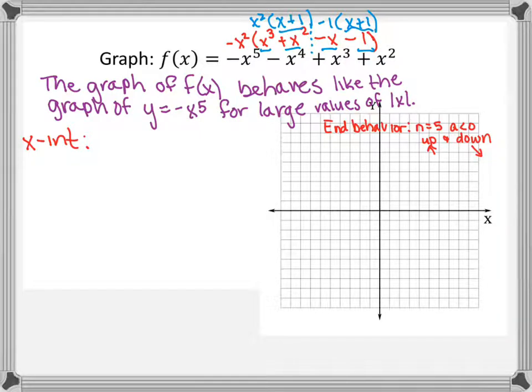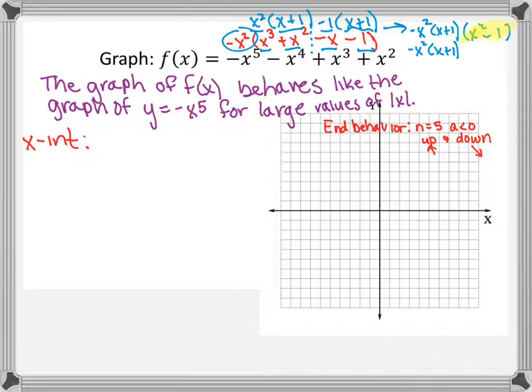What's important is that the parentheses are the same, so we can factor that out, x plus 1. And then in my second set of parentheses, we will put those two greatest common factors we factored out, x squared minus 1. And we need to remember our original greatest common factor, negative x squared. Now, that last parentheses could still be factored because that is a difference of two squares.